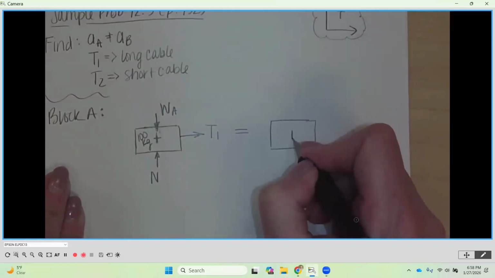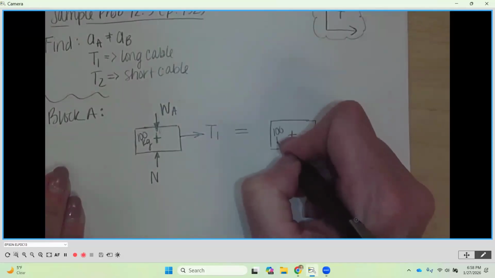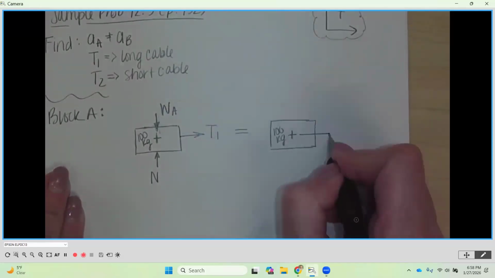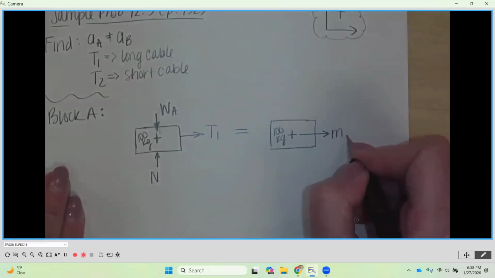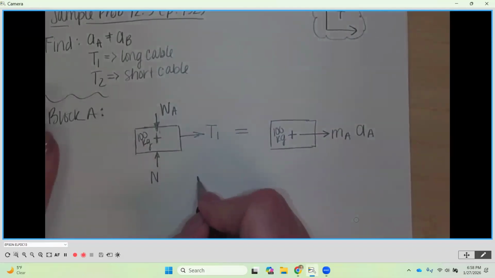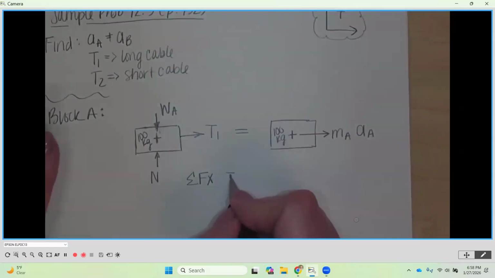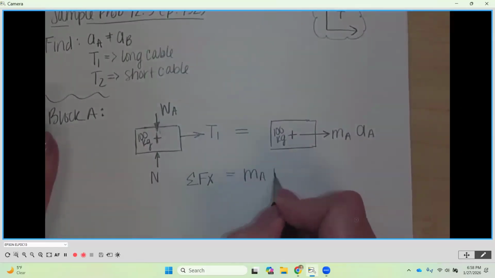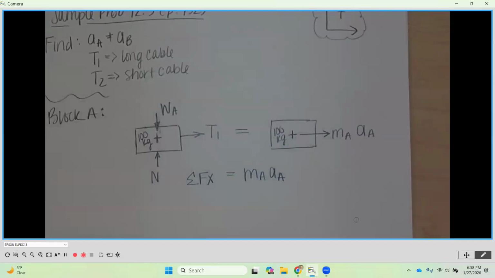And this is again 100 kilograms. And our motion is going to be mass A times acceleration A. So on the left-hand side, we have the summation of the forces in the X equal to mass A times acceleration A.